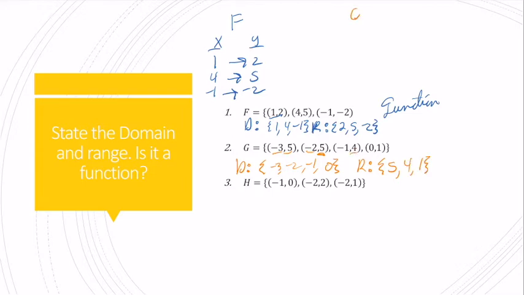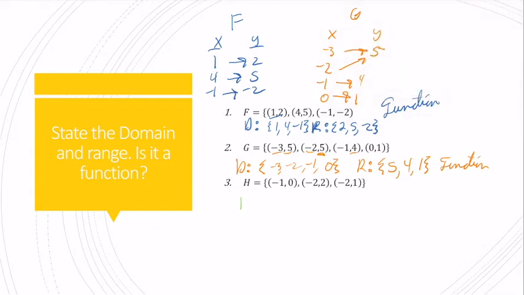So let's draw a picture to determine if this relation is a function. I have -3 go to 5. I have -2 go to 5. And that's okay, right? If I push -3, I'd get a 5 out. If I push -2, I'll get a 5 out, and that's okay. I've got -1 go to 4 and 0 go to 1, so this is a function.